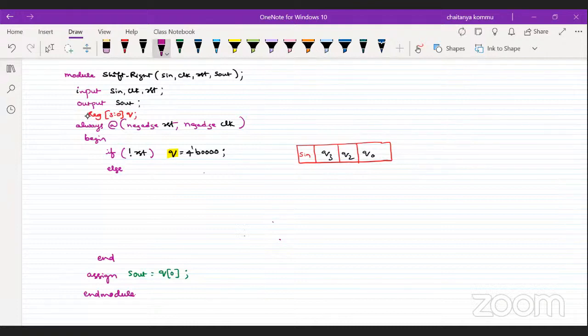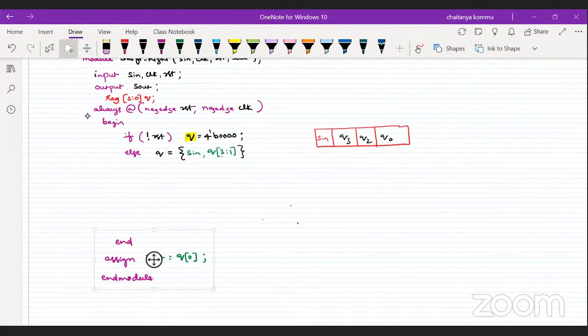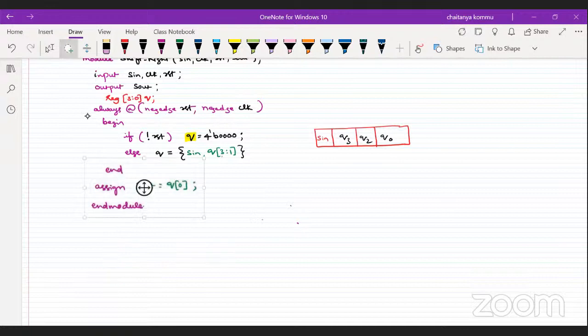Else Q is assigned by, for every negative edge of the clock signal, the MSB bit is filled with the SIN, and the remaining portions Q of 3 down to 1 are used. So concatenating the bits here, just only the concatenating of the bits. That's what happens here. So the first bit is actually SIN, right?